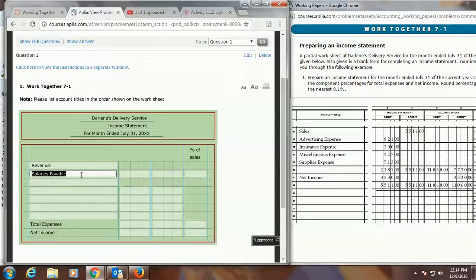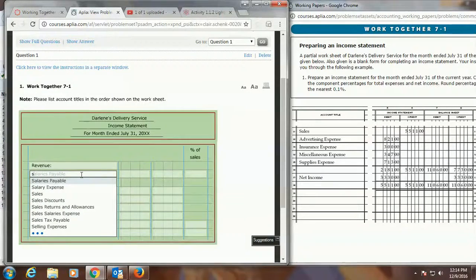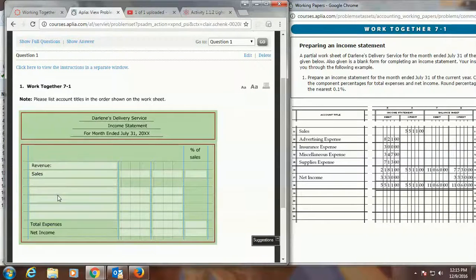So this first one I'm going to put looks like sales because I'm going from the income statement debit and credit column, which we learned from the previous chapter, and we're going to pull the information off this partial worksheet. We're going to make sure it's neat and clean because we want to make it easy for the stakeholder to read, like an owner, to see how it's going. In this case, it's $5,511 on there. Looks like there's only one revenue account, so we'll just list that.